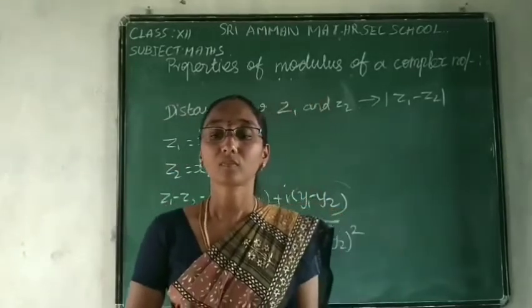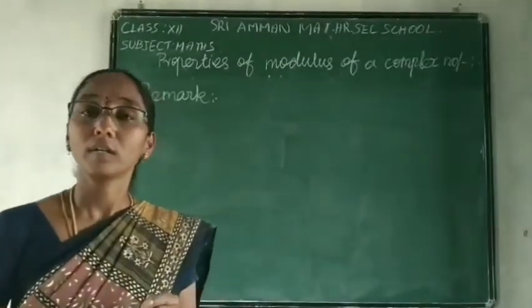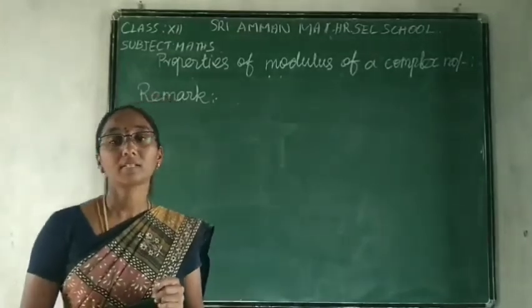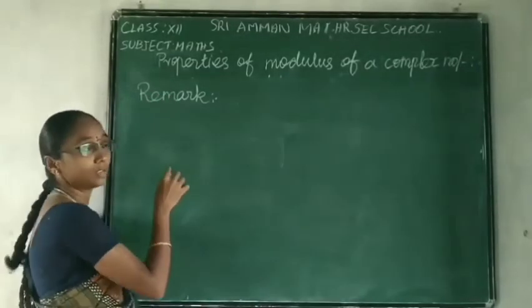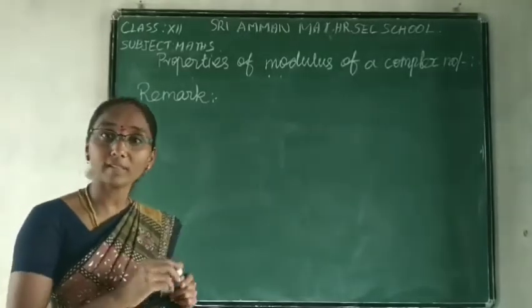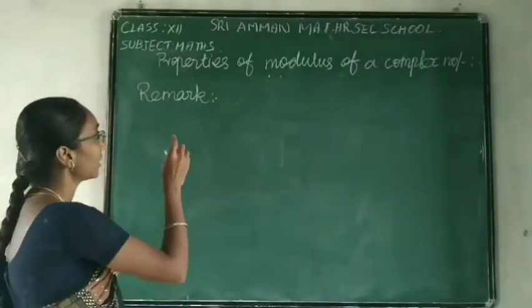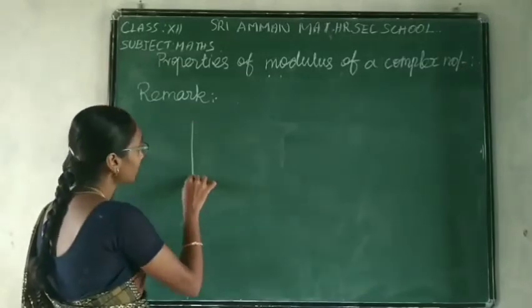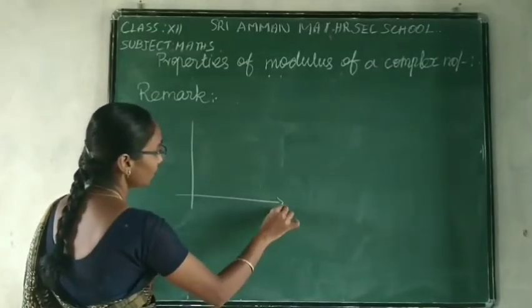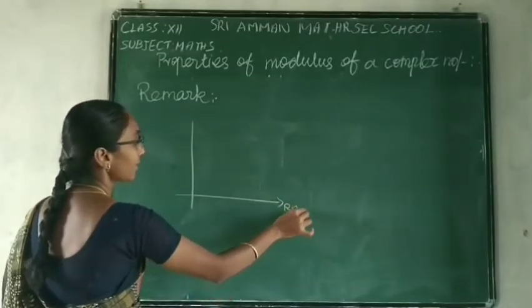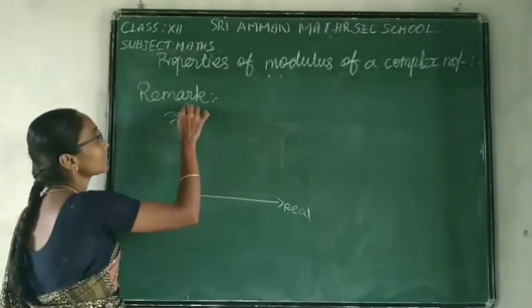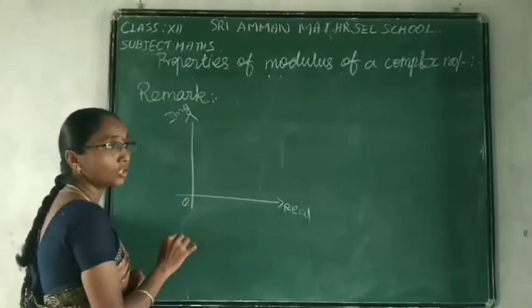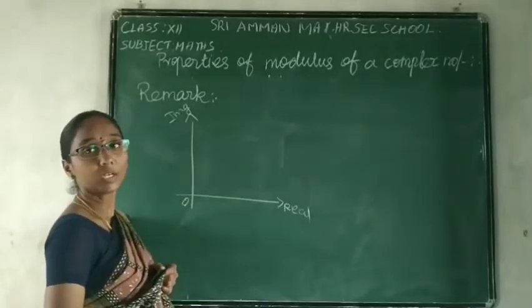Okay, now I am going to teach a remark of this lesson. I will prove this remark afterwards. Now I consider an Argand plane. The complex plane and the Argand plane are the same. In this plane, this axis is the real axis, this one is the imaginary axis, and this is the origin, 0.